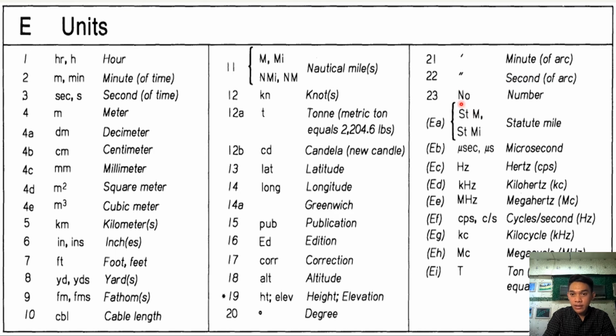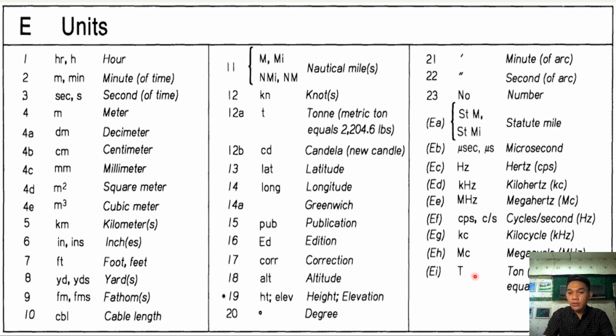And then no is for number, mi is for statute mile, and this symbol right here is for microsecond. hz is for hertz, khz is for kilohertz, mhz is for megahertz, cps or cs is cycles per second, kc is for kilocycle, mc is for megacycle or mhz, t is for ton.